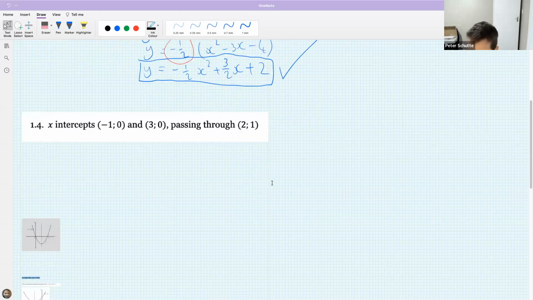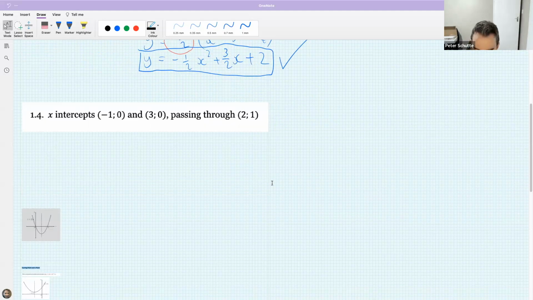Let's see what our first steps are here. I know it's going to look a little bit like that.